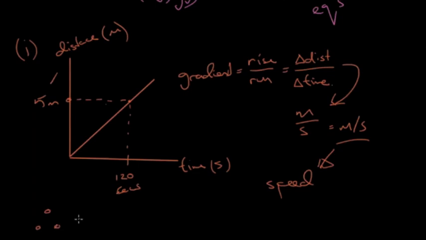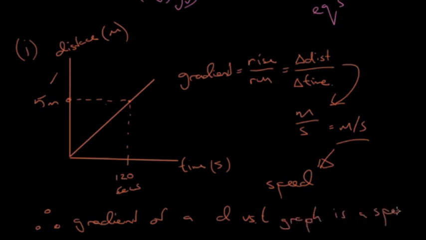So it's pretty cool to realize that the gradient of a distance versus time graph is a speed. Hopefully that's pretty clear.